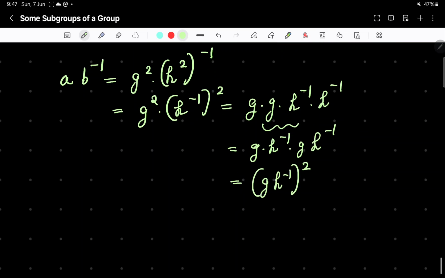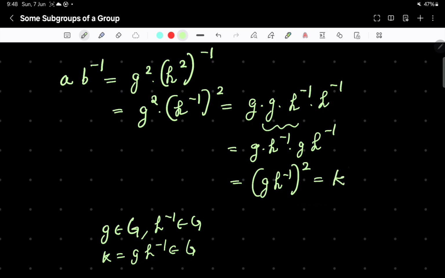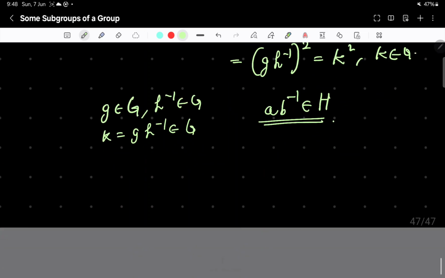Now note that g is in G, h inverse is also in G. Since G is a group, g h inverse is in G. So let's call it some k. So this is nothing but k square, where k is in G. So what we have proved is A B inverse equals k square for k in G. That means A B inverse is in fact in H.